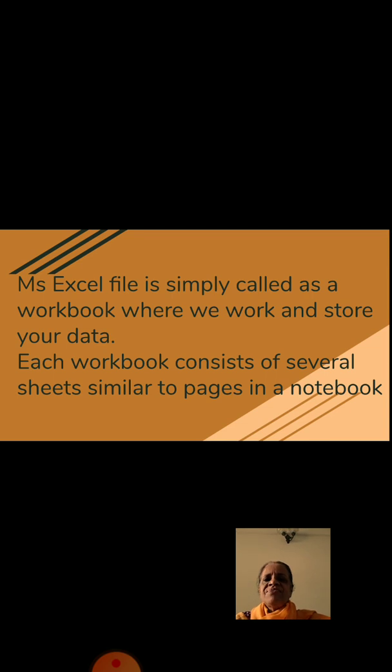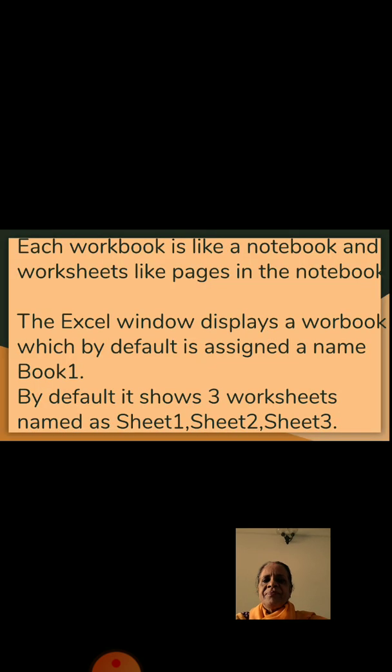Our MS Excel file is simply called a workbook where we work and store our data. It is similar to your notebook where you see many pages. So our workbook also contains many sheets. Each workbook is like a notebook. Why do we say it's like a notebook? You all know that a notebook consists of many pages.